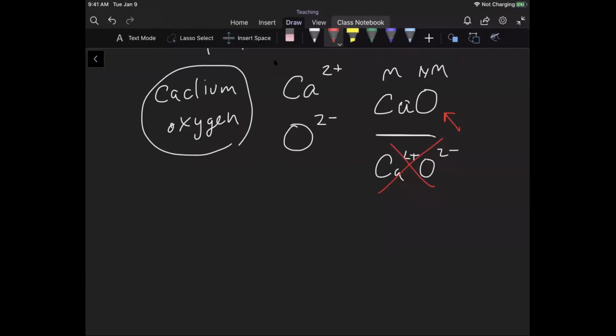Another example would be if I have a compound formed between a calcium ion and a nitrate ion. That would be a question. We just did calcium, so let's stick with calcium. You need to know that calcium is a 2 plus ion.